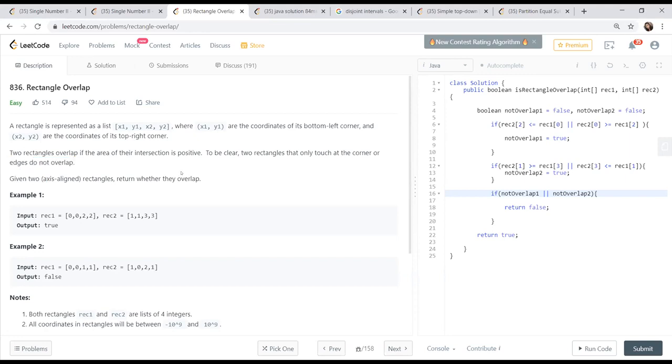Like if their coordinates are equal to the other rectangle's coordinates, then also they are not overlapping. Like if x1 of one rectangle is 1 and the other's x1 is also 1, then it's not an overlap. No, x2 of, yeah.